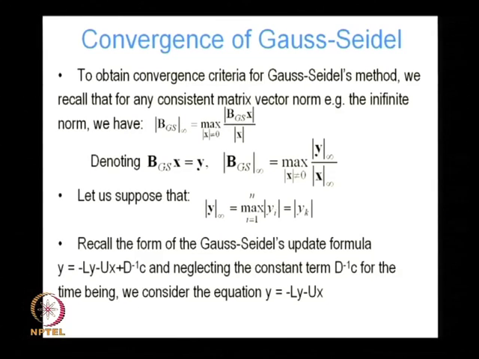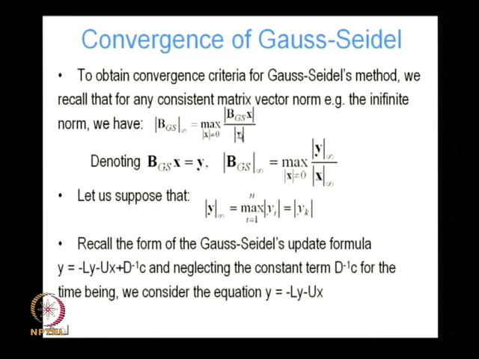For instance, if I want to find the infinity norm of B_GS, where GS represents Gauss-Seidel, the B for Gauss-Seidel, we can find it by taking the product of B_GS with any arbitrary vector x, such that the norm of x is not equal to 0, that is x is not the zero vector.